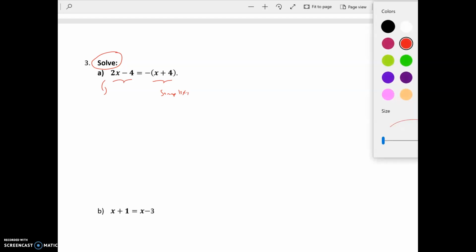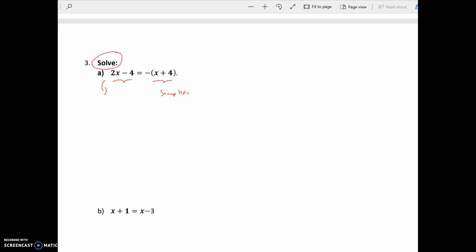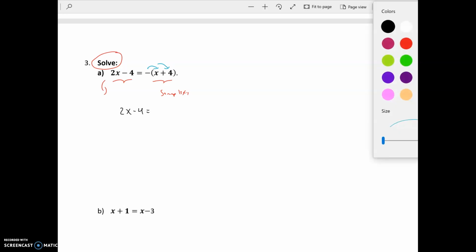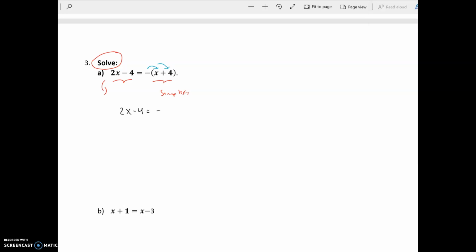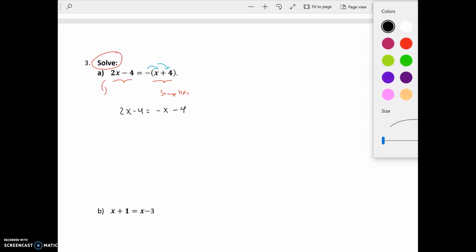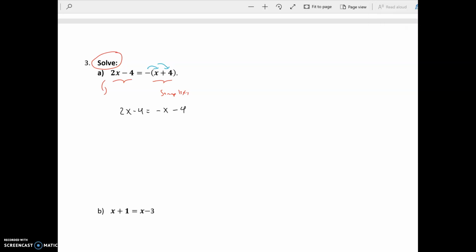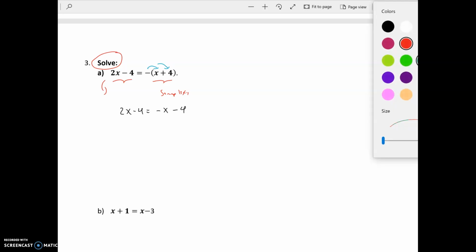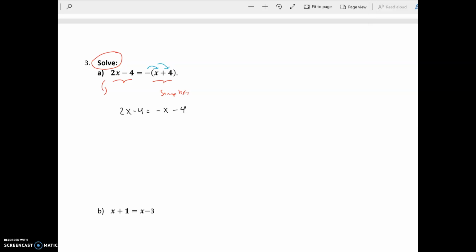Nothing to do on the actual left, so I'm just going to rewrite it as 2x minus 4. This is equivalent to the following. And as we simplify the right hand side, we're looking at on the right, you're going to get a -x minus a 4. And remember that solve means you're looking for which actual value you're going to get a true statement which represents the solution to the problem.